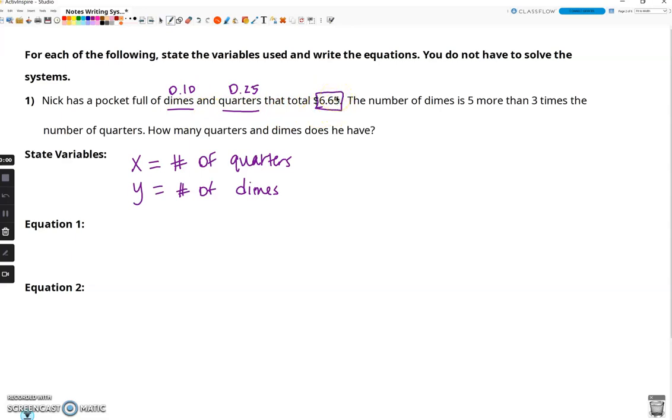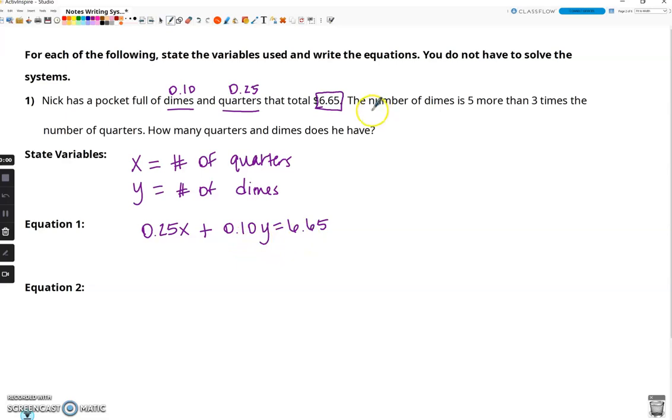So for my first equation, the number of quarters that he has, 0.25x, so the number of quarters times the amount of each quarter, plus 0.10y, because y is my number of dimes, is equal to 6.65. And that came from dimes are 10 cents a piece, quarters are 25 cents a piece. I used x for quarters and y for dimes. So 0.25x plus 0.10y is equal to $6.65.